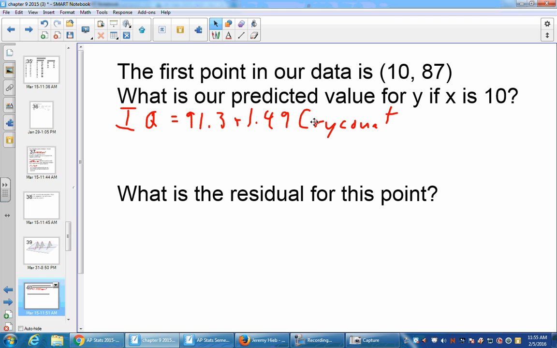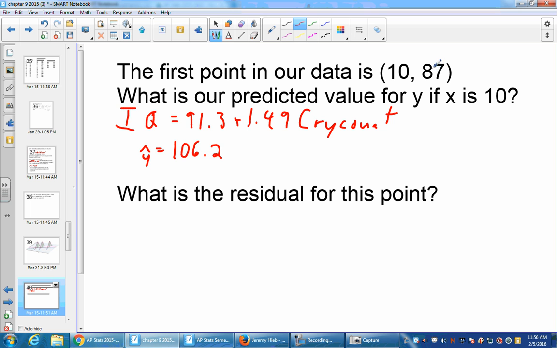If I plug in 10 for cry count, then 10 times 1.49 equals 14.9, added to 91.3. So our estimated value, our y hat, is going to be 106.2. That's what we would estimate it to be.